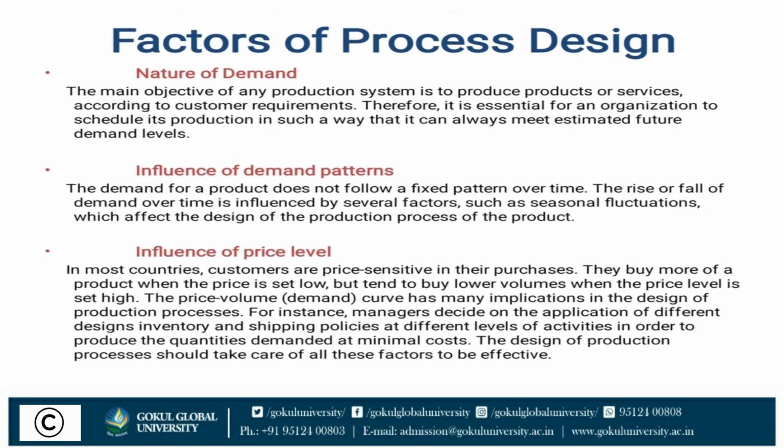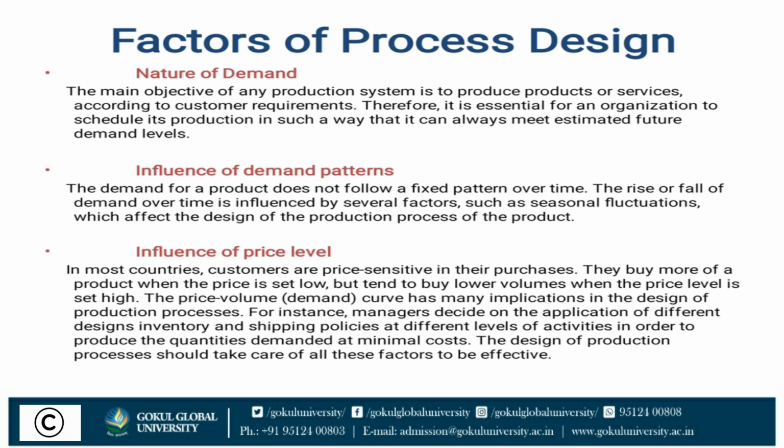Now, factors of process design. There are total 7 factors of process design. The first one is nature of demand. The main objective of any production system is to produce products or services according to the customer's requirement.